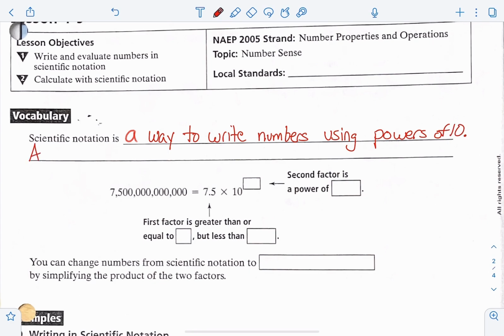A number written in scientific notation is written as a product of two factors.